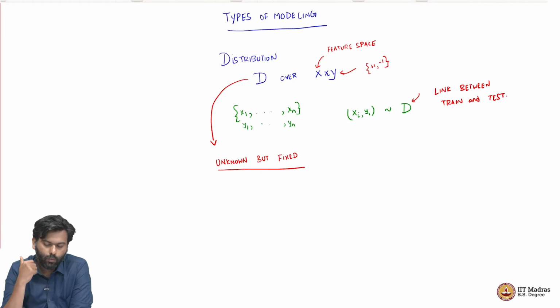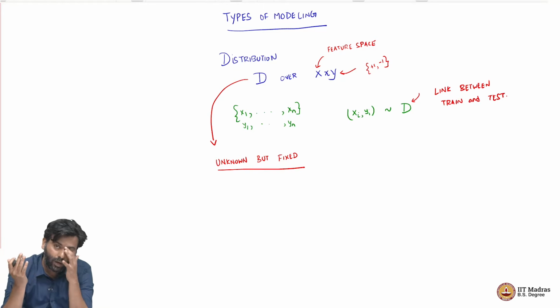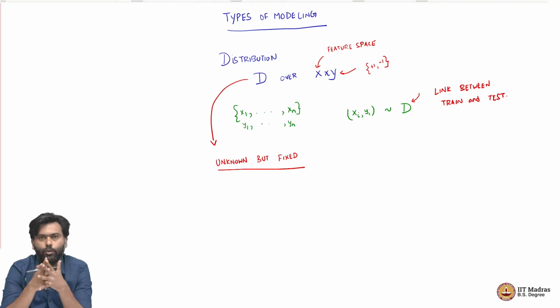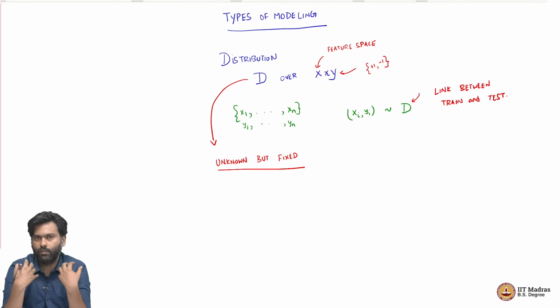Now this is a high level paradigm. So, what we are going to do now is go one step further and say that, to develop a model, we need to make some assumptions on the underlying distribution D. Depending on what assumptions we make on the underlying distribution D, we are going to get different algorithms, right.